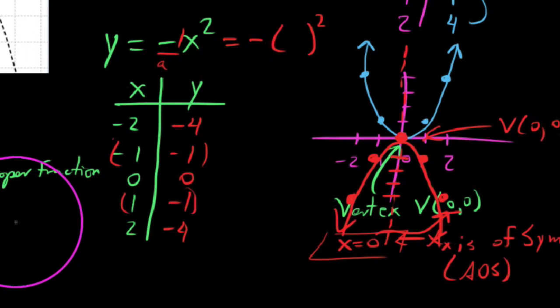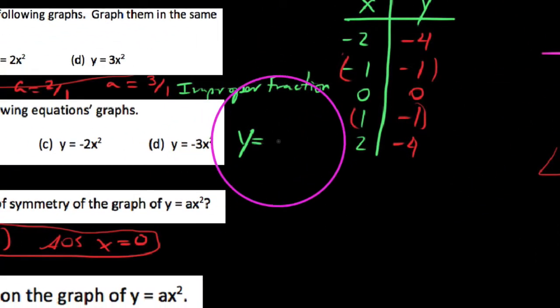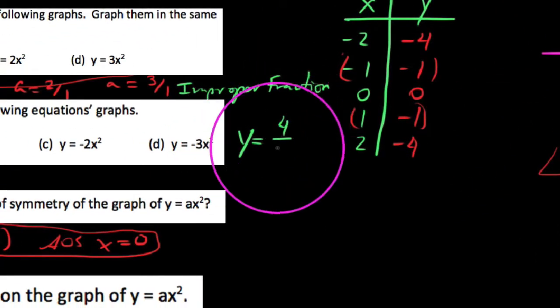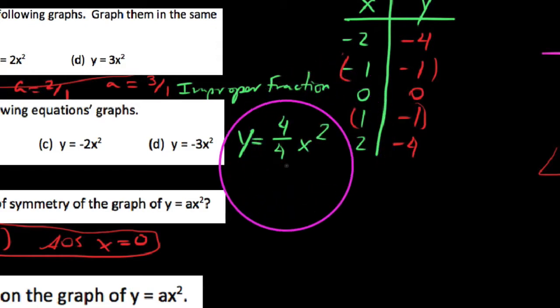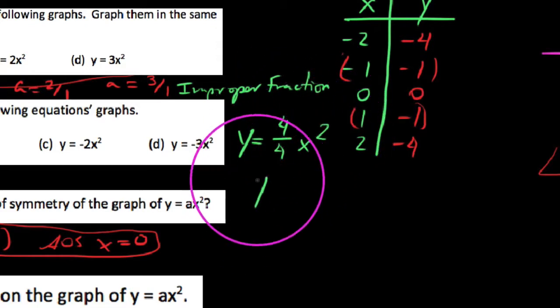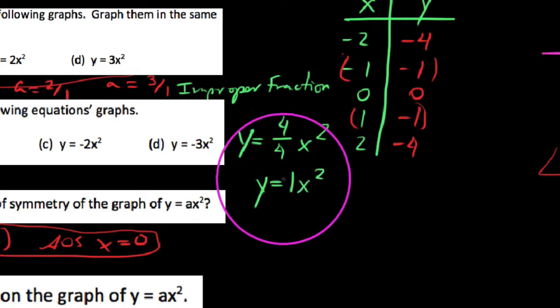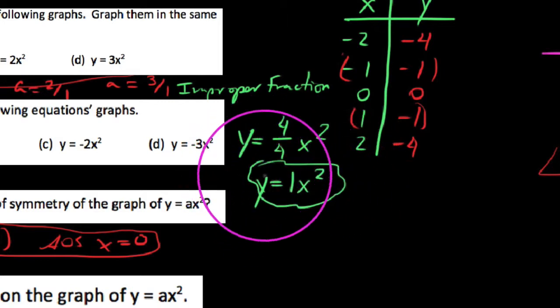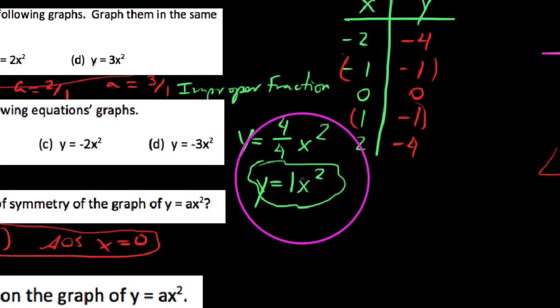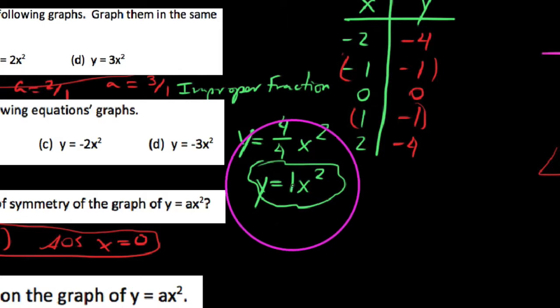So you might say, well, what if I had a graph that was not proper, not improper? What if I had like 4/4 x squared? Well, recall that anything divided by itself, where the top of the fraction and the bottom of the fraction are perfectly balanced, would just be y equals x squared. So the important thing to know about a is it adjusts the widths of our graph. It doesn't mess with the vertices, but adjusts the width of the graph depending upon how it compares to 1.